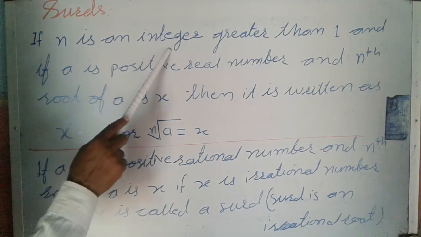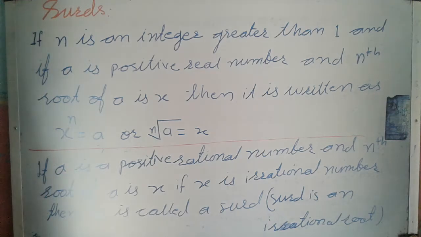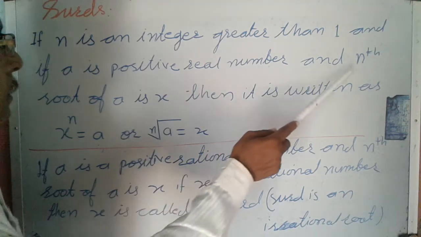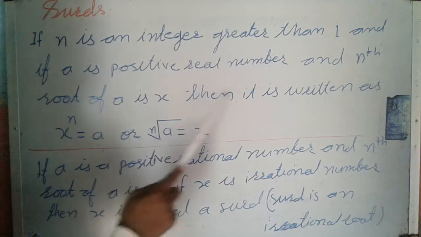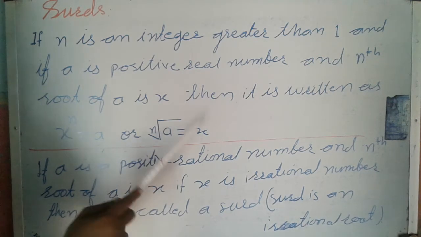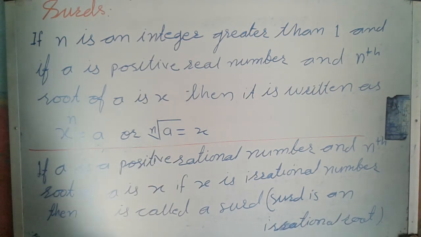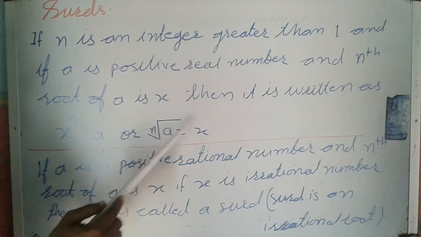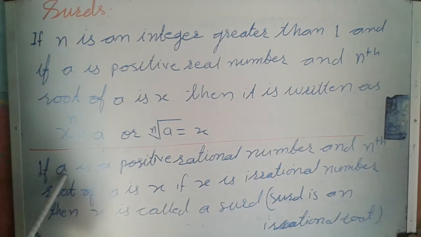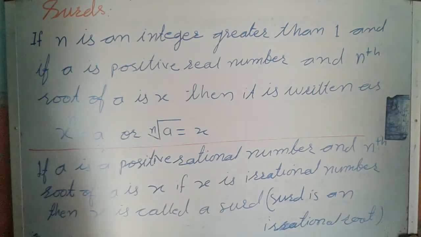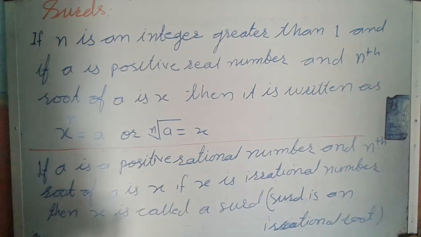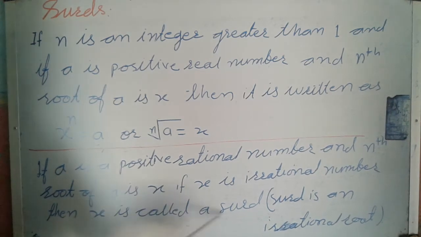If n is an integer greater than 1 and a is a positive rational number and the nth root of a is x, and if this value x is an irrational number, then x is called a surd.